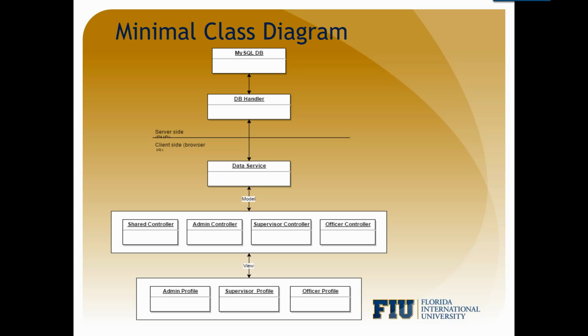At the bottom layer, we can see the views for admin profile, supervisor profile, and officer profile, which directly interact with the above layer using the shared controller, which is commonly shared between all of them, and each of the views has its own controller: admin controller, supervisor controller, and officer controller. All these layers make requests to the next layer, which is the data service, and further into the server side into the DB handler and MySQL database.